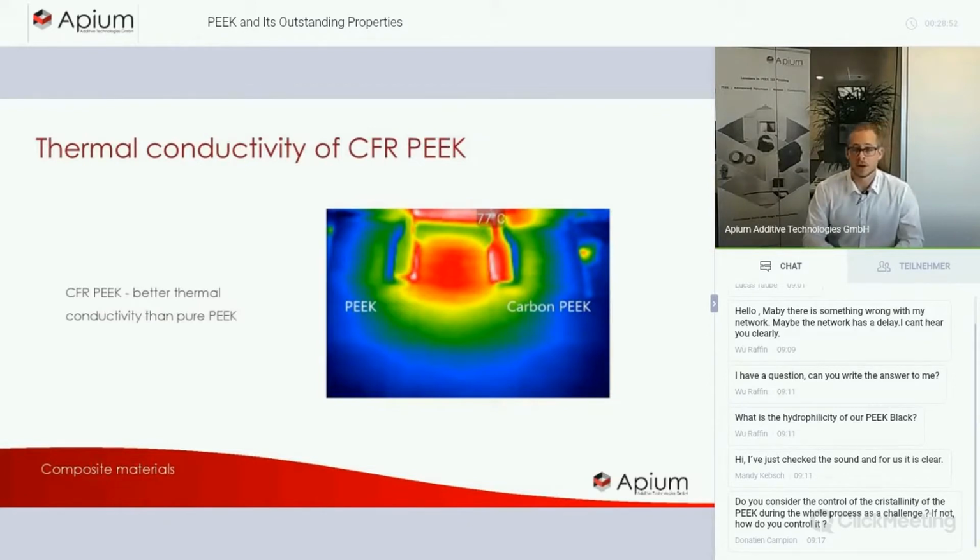And therefore we were thinking about the mold we have seen before, and we did a comparison in thermal conductivity. And what we can clearly see is that carbon PEEK has a way better thermal conductivity than regular PEEK. And therefore we thought carbon PEEK could be a very interesting material when it comes to mold making.